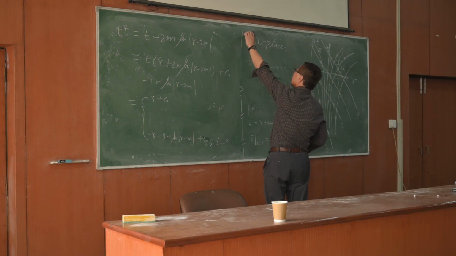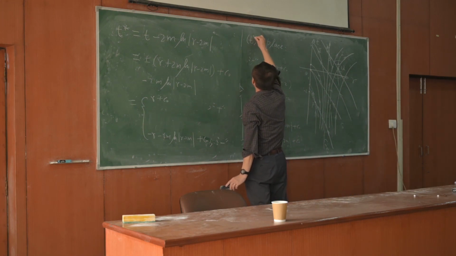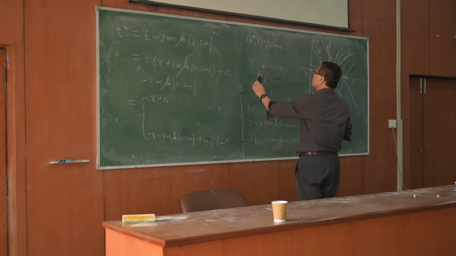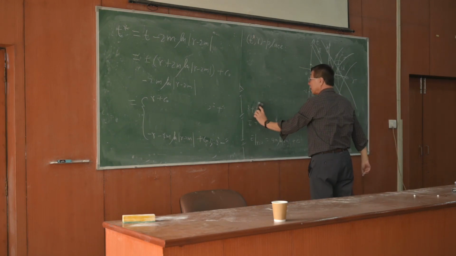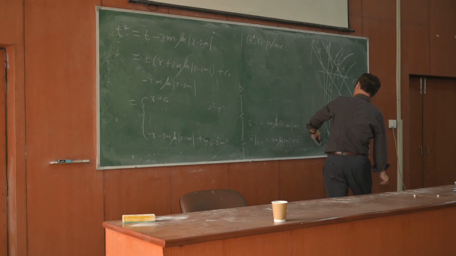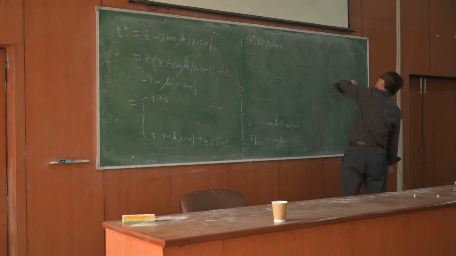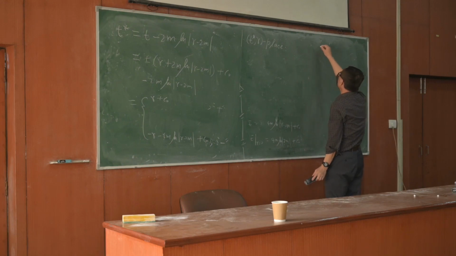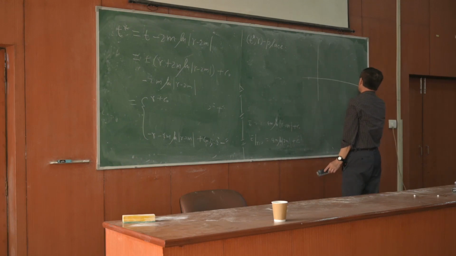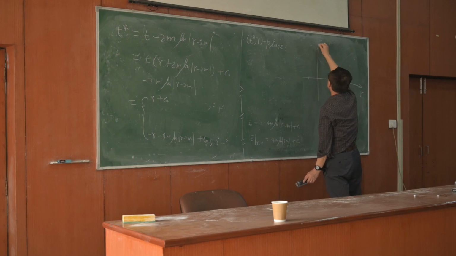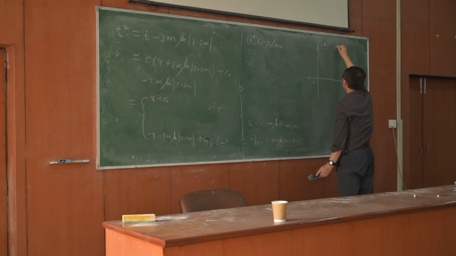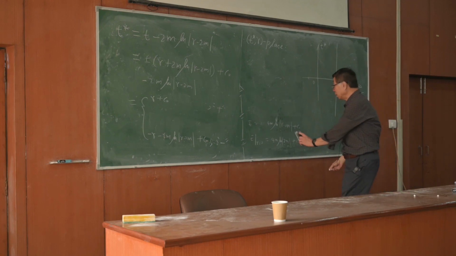Now we want to see what's happening, instead of using T bar, in T star. I'm going to erase this again to consider the planes. So we have here R and T star, with 0 and 2M.